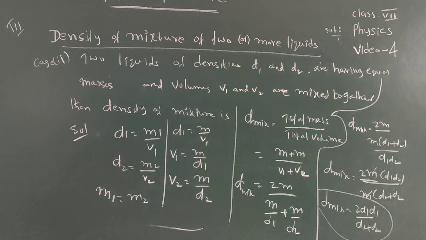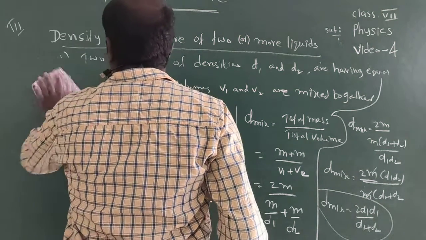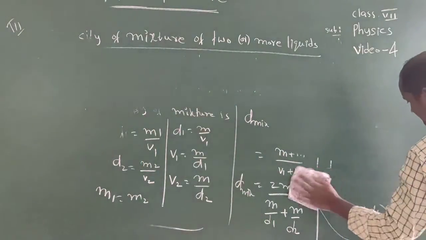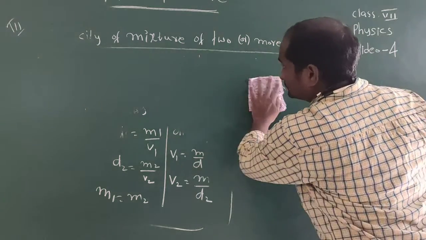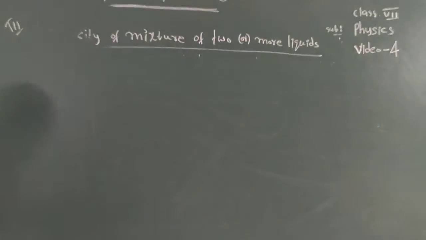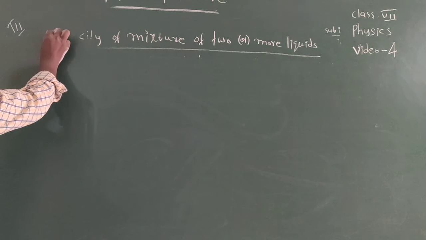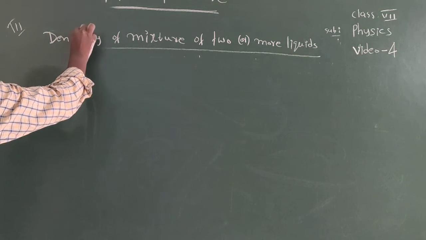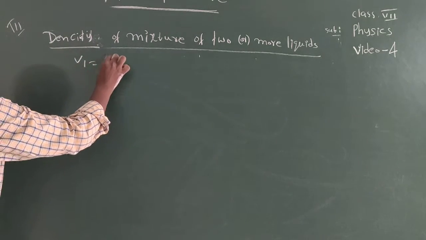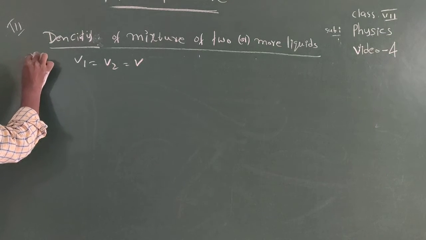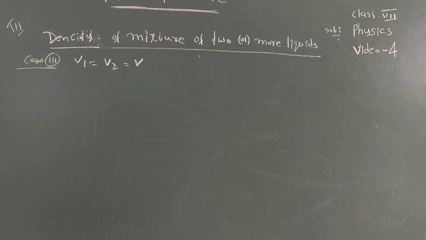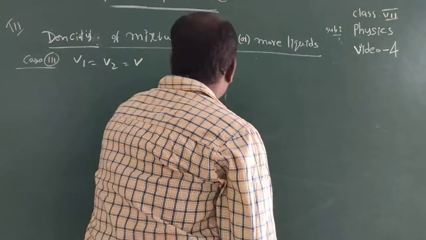The next one, case 3: if volumes are equal, if v1 equal to v2 equal to v, then find the density of the mixture.